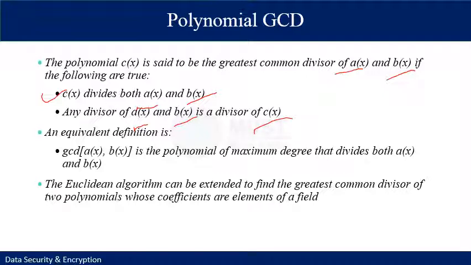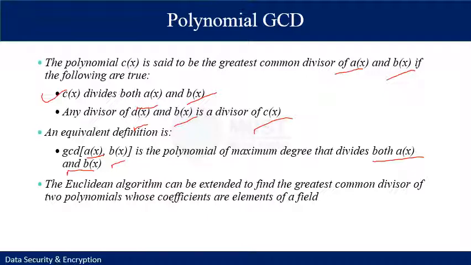This leads to a similar definition to the one we discussed in lecture number 4: the GCD of a of x, b of x is the polynomial of maximum degree that divides both a of x and b of x.